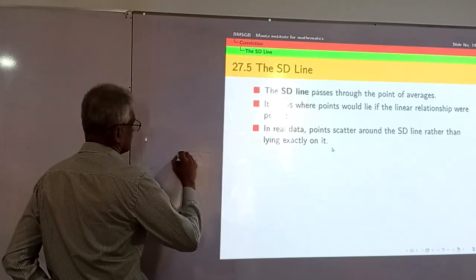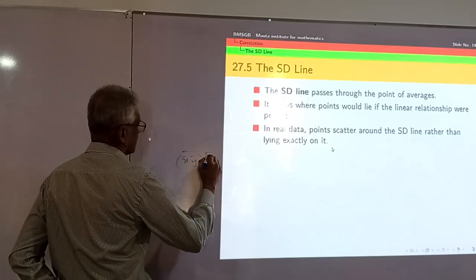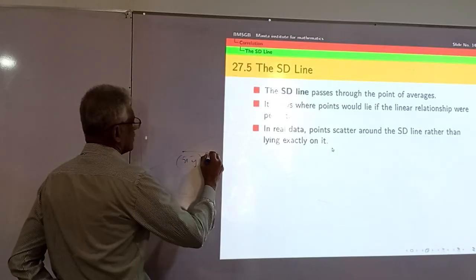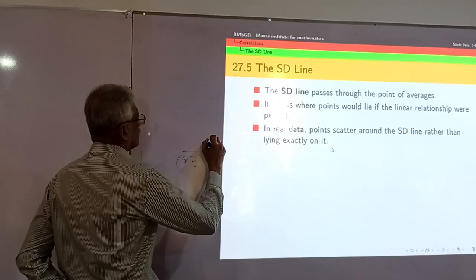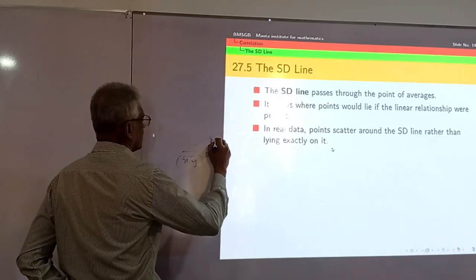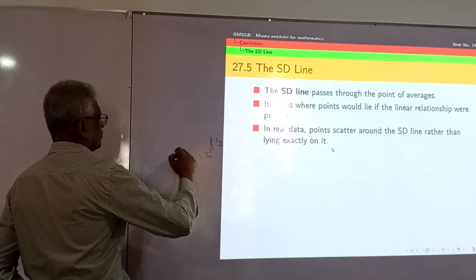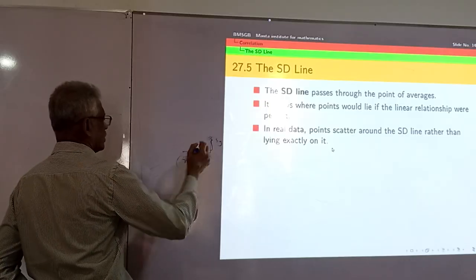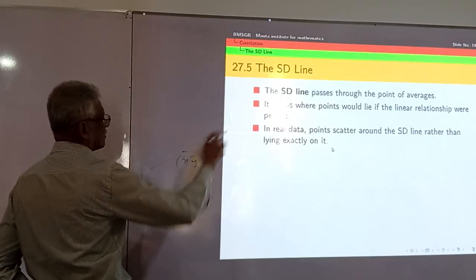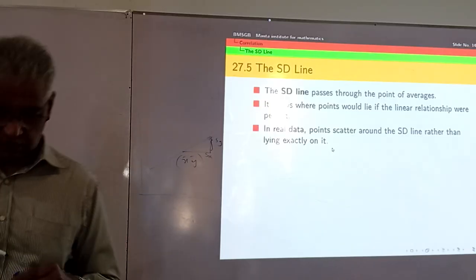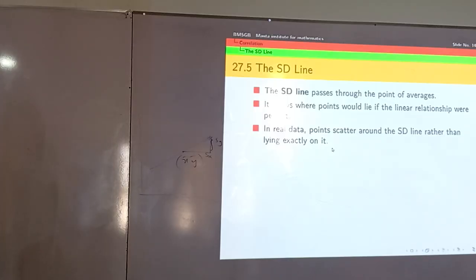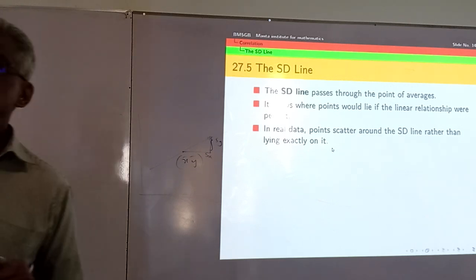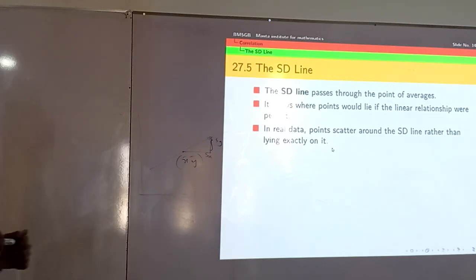If you increase the X value by one standard deviation of X, then Y increases by one standard deviation of Y. And there are 2 SX and 2 SY, 3 SX and 3 SY points. If you connect them, you will get the SD line. So that is the line where the points will be if the correlation was perfect.